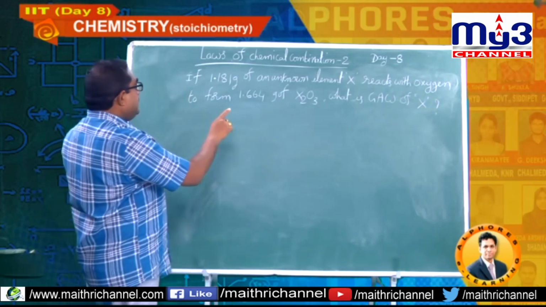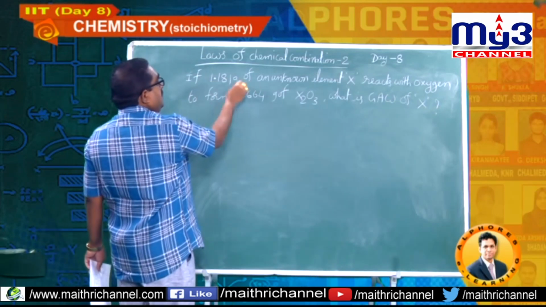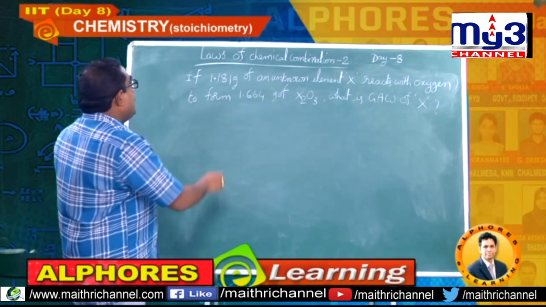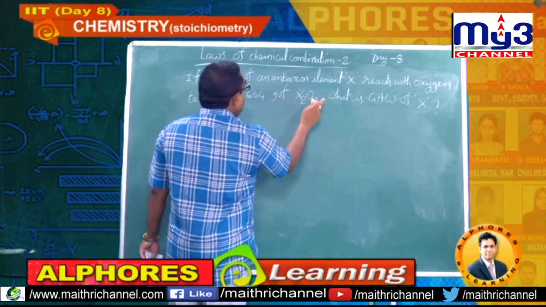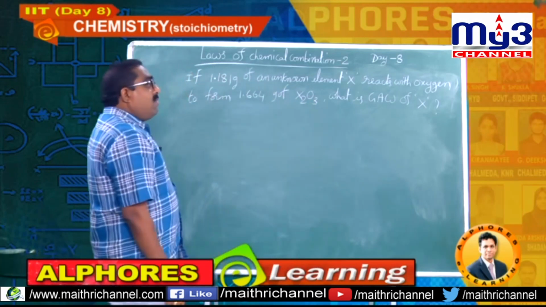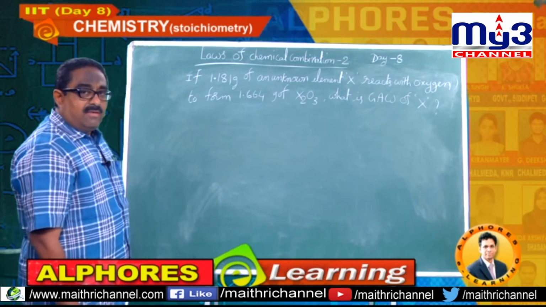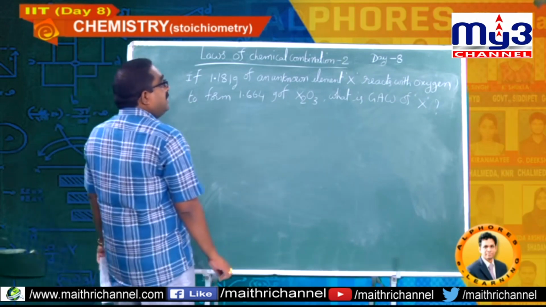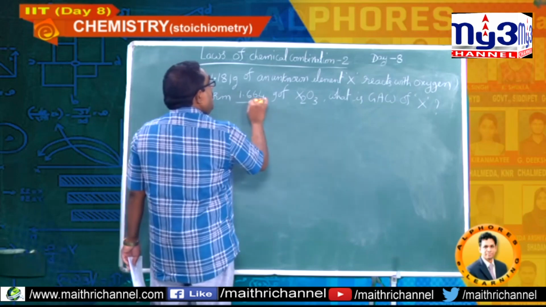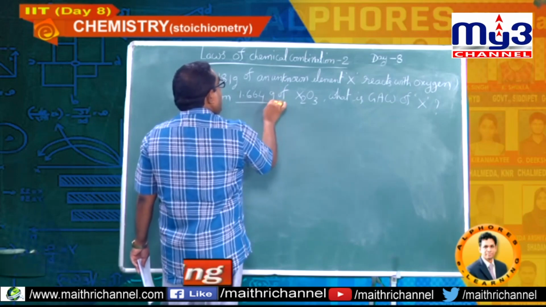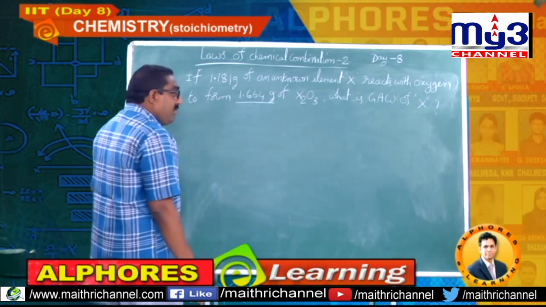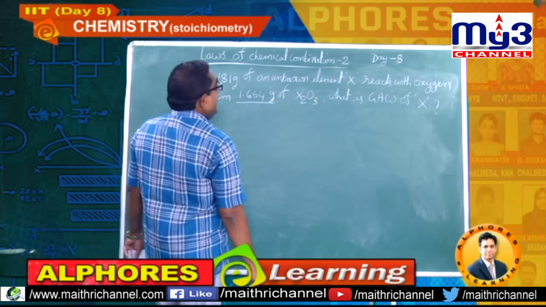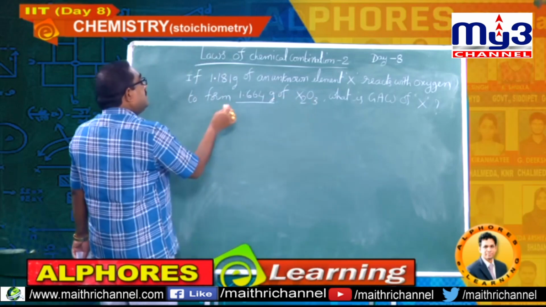I am repeating the question once again. If 1.181 grams of an unknown element X reacts with oxygen to form 1.664 grams of X2O3, what is the atomic mass of X? That is GAW, you should find out. Okay. This is total mass of X2O3. Out of this, 1.181 grams is X. So I am writing here.